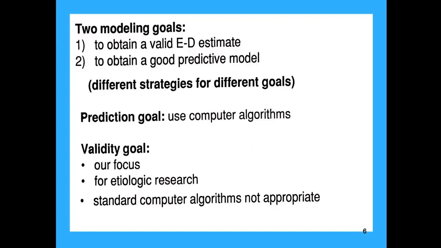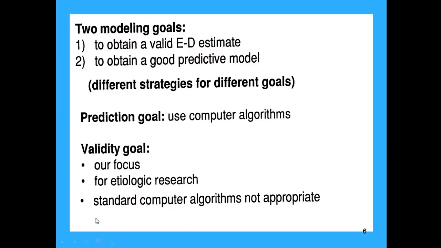One way to do prediction is to say, I'm going to get the model that does the best job of getting the highest R-square, maybe the most efficient model. Well, that's not answering the question about whether there's an exposure-disease relation. This is trying to predict Y from the X's. So prediction is a different goal, and you would do it a different way, as described in that chapter.